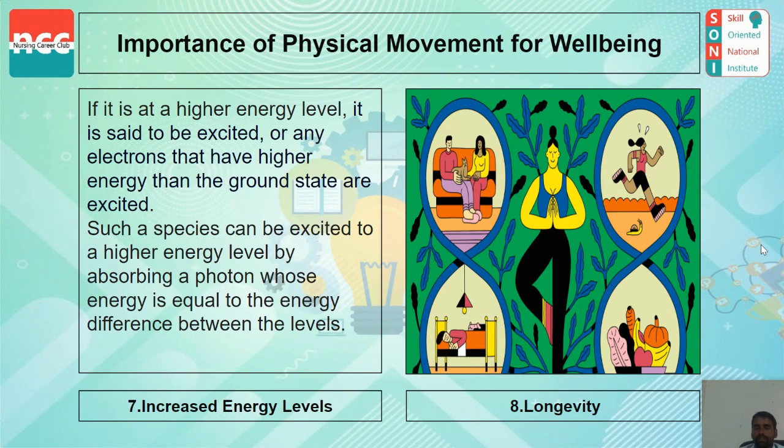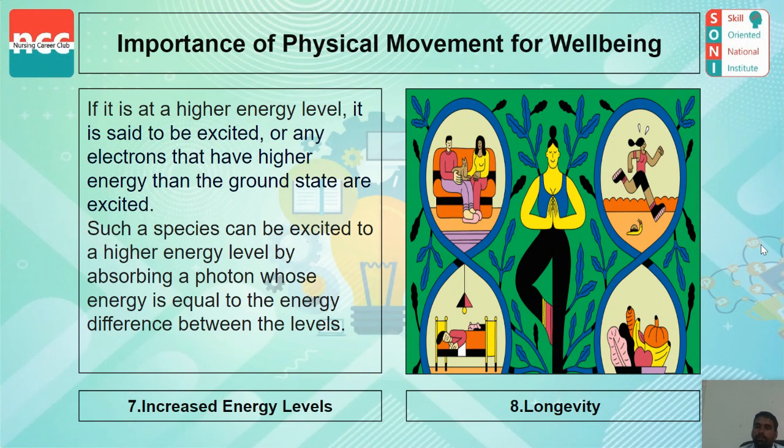Increased energy levels. If it is at a higher energy level, it is said to be excited, or any electrons that have higher energy than the ground state are excited. When a person is in an excited situation, when he gets a profit or loss, if a person gets a profit in his or her business, then he will be excited, more excited.